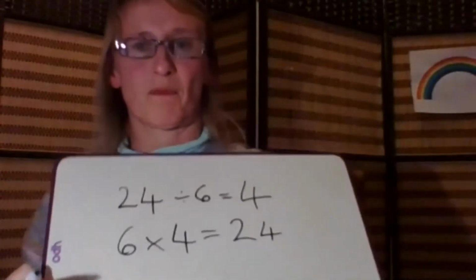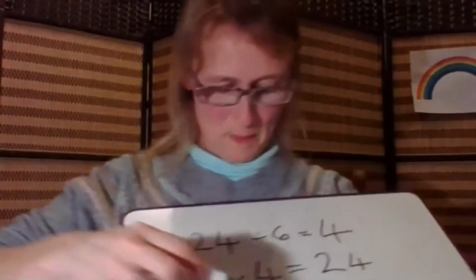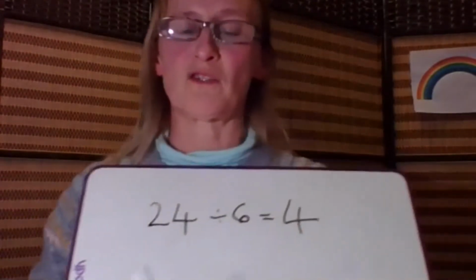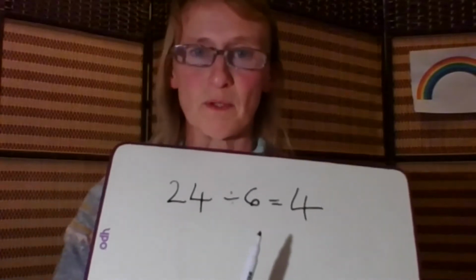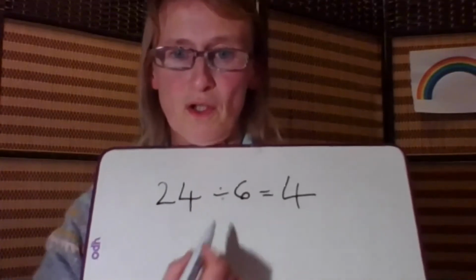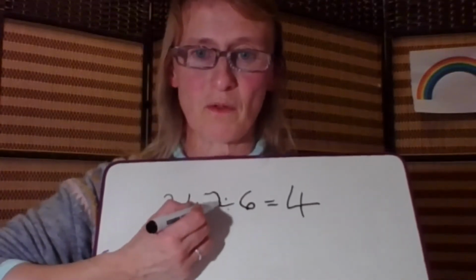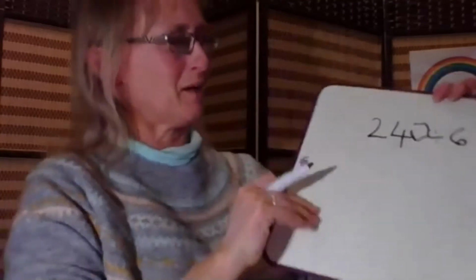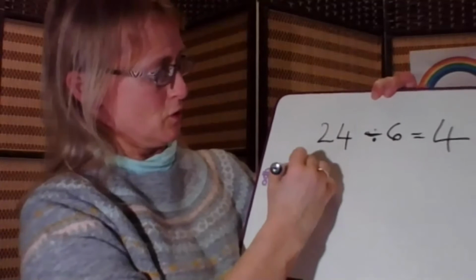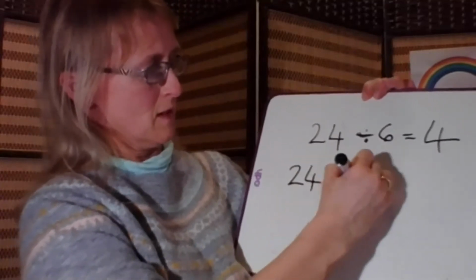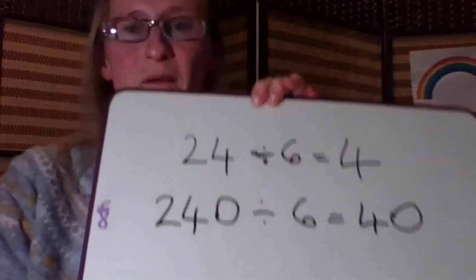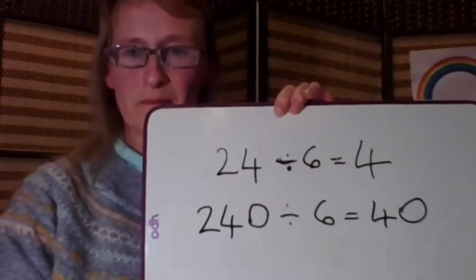Now I'm going to show you something really cool. Once you know how to find the answers to division questions like that using your times tables, I can tell you that 240 divided by 6 is 40. Wow.